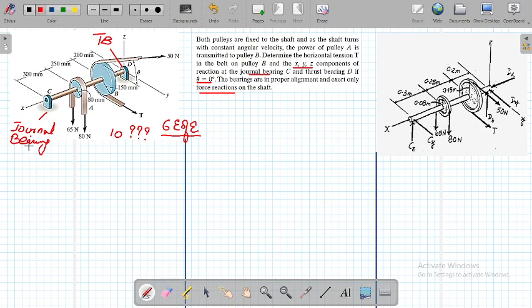We will say the summation of all the moments about the x-axis is going to be equal to 0. Then we say there are the 65 Newton force and the 80 Newton force.